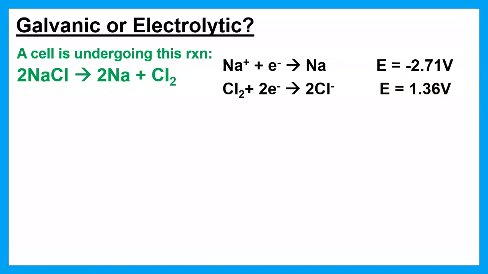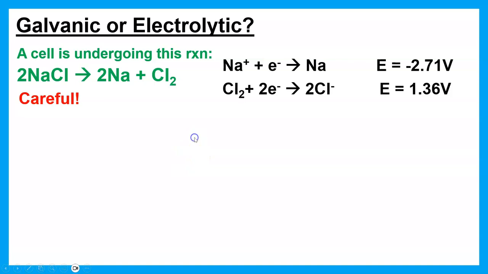No, it's not. Look at your chemical reaction carefully. I do not have chlorine gas as a reactant, do I? It flat out told me my chlorine is going to be a product. This needs to get flipped. I have sodium ions and chloride ions.